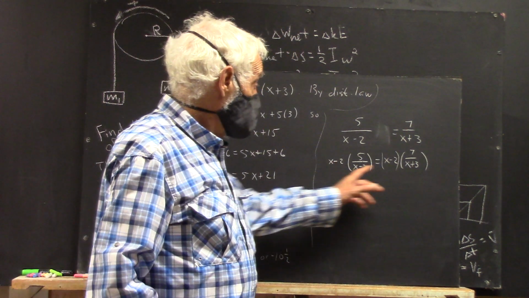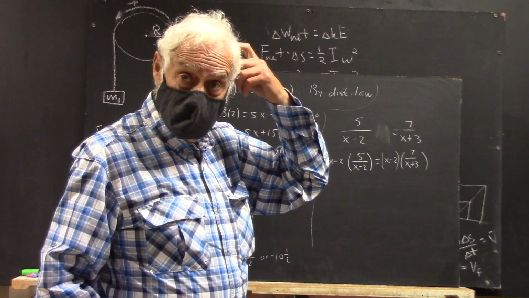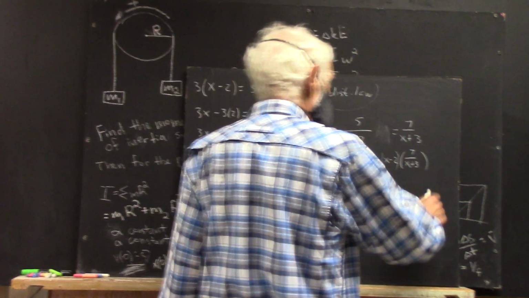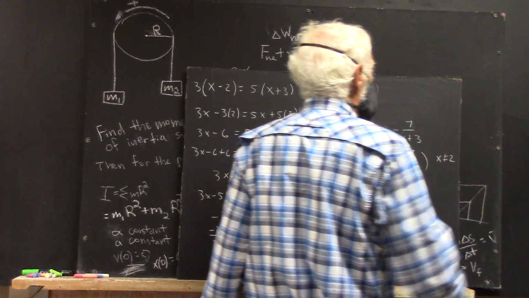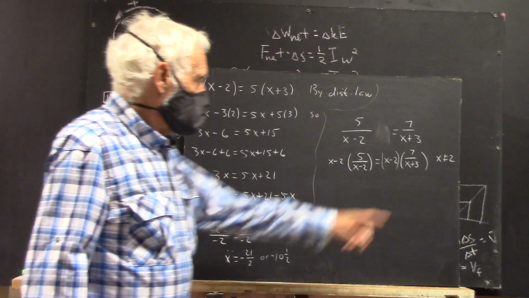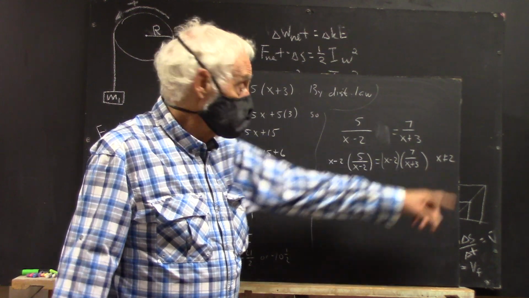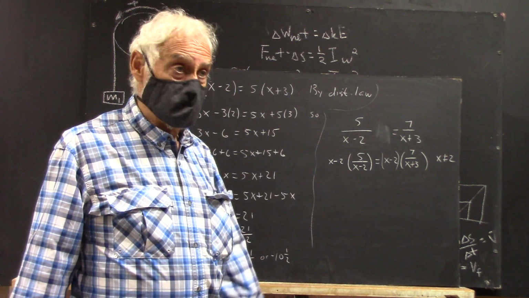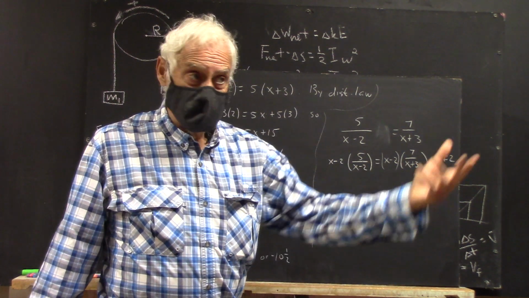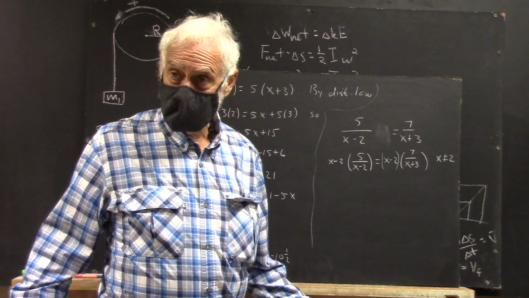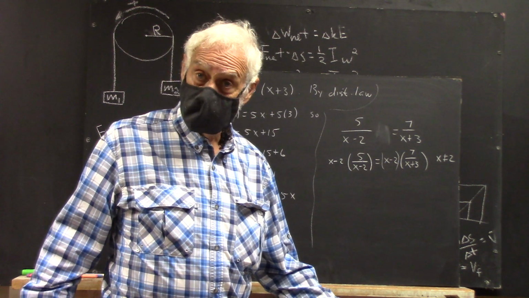We multiply both sides by the same denominator. Now I'm going to write this little thing over here that's kind of important. X can't be equal to 2. If x is equal to 2, then x minus 2 is going to be 0, and you're multiplying both sides by 0, and that's not a valid step. That changes your solutions. Okay?